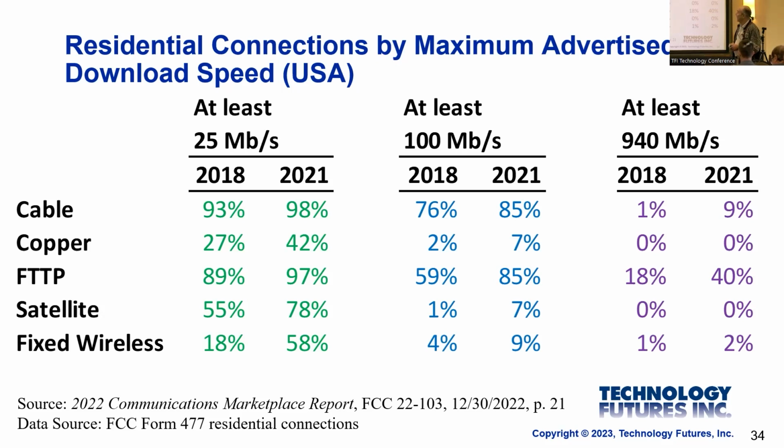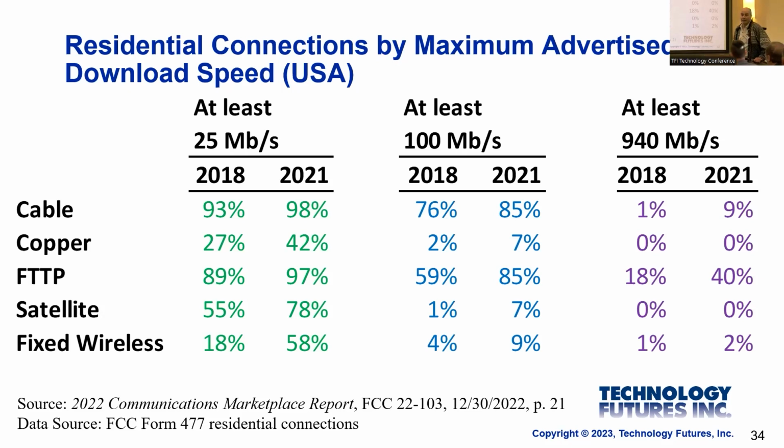And then satellite has gone from a low-speed service to at least 7% being high speed. But look at fixed wireless. It went from 18% availability of at least 25 megabits to 58, and even 100 megabits per second has gone into 9%.